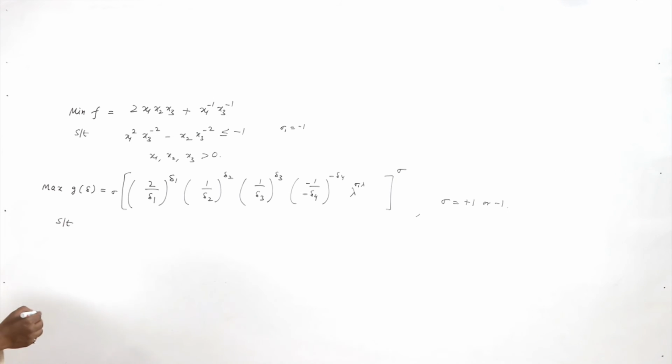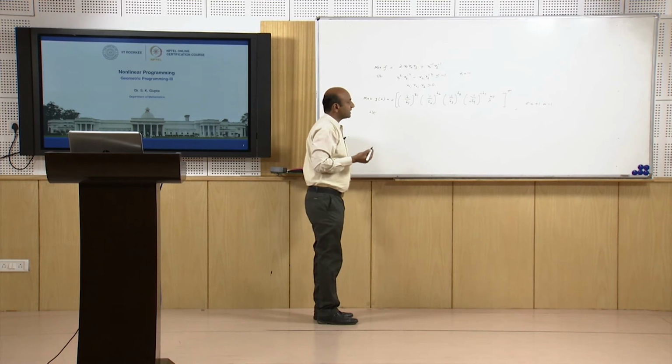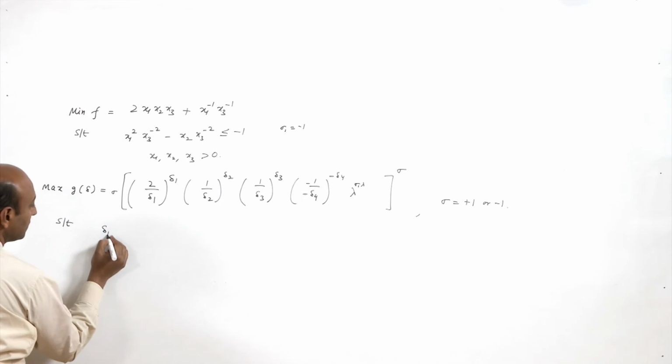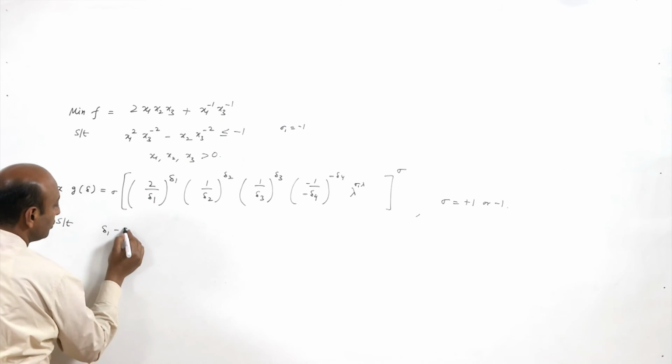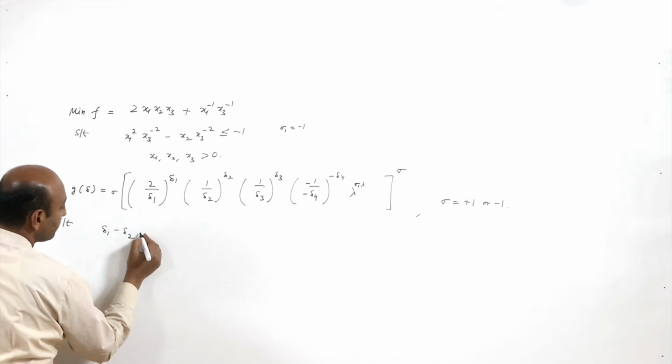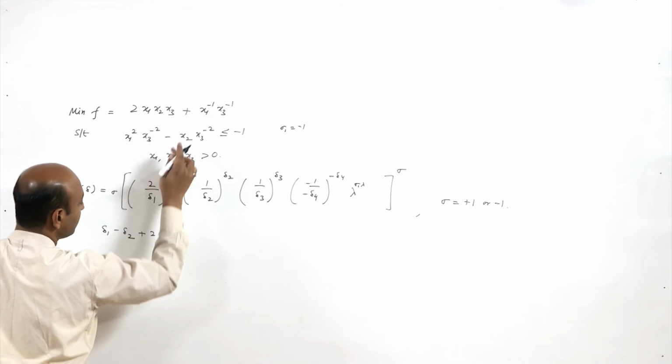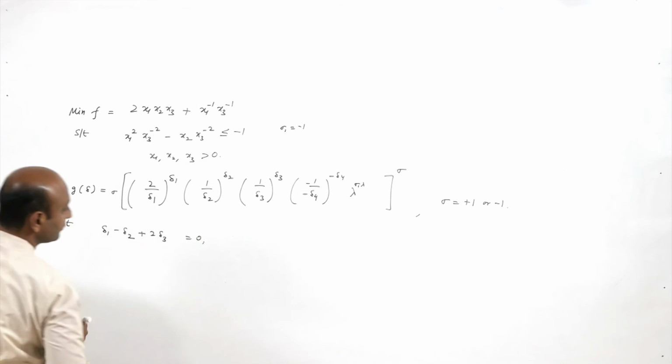So, coefficient that is power of x1. Power of x1 here is delta 1, here it is minus delta 2, here it is plus 2 delta 3, and here no term of x1, so it is equal to 0.